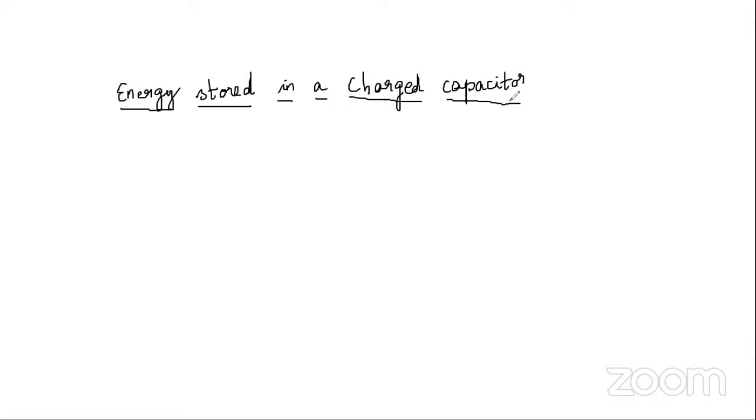So what is the potential energy stored in a capacitor? We have an equation for that. When the charge in the capacitor is capital Q and the capacitance of the capacitor is capital C, then the potential energy stored in the capacitor is given by U equal to Q squared by 2C.